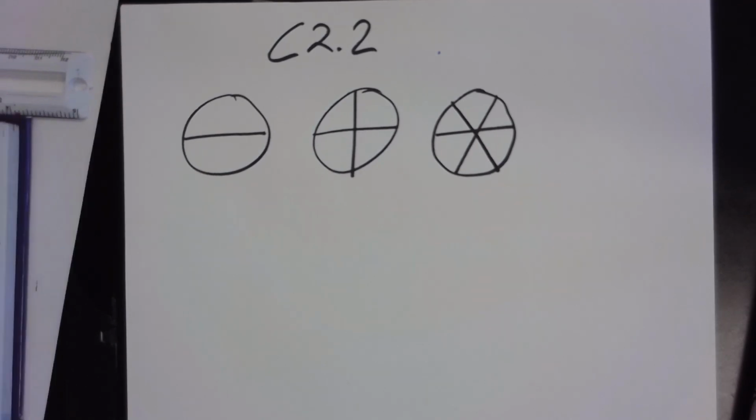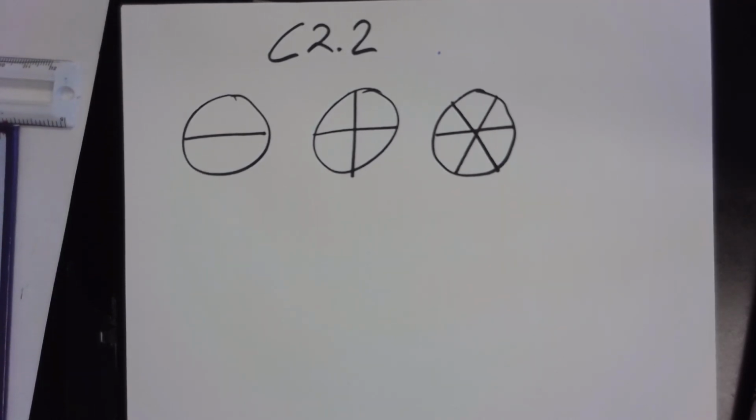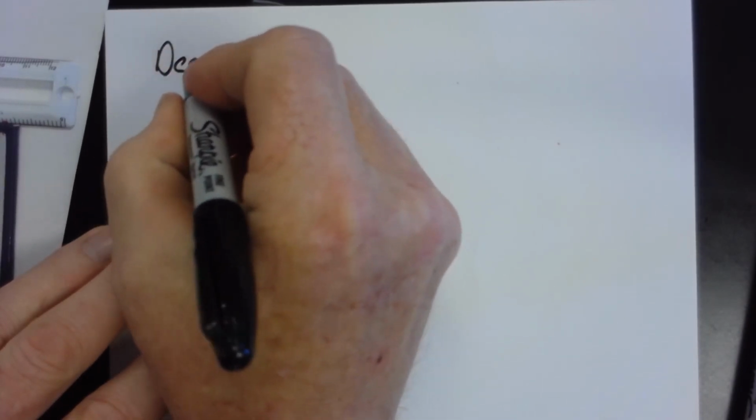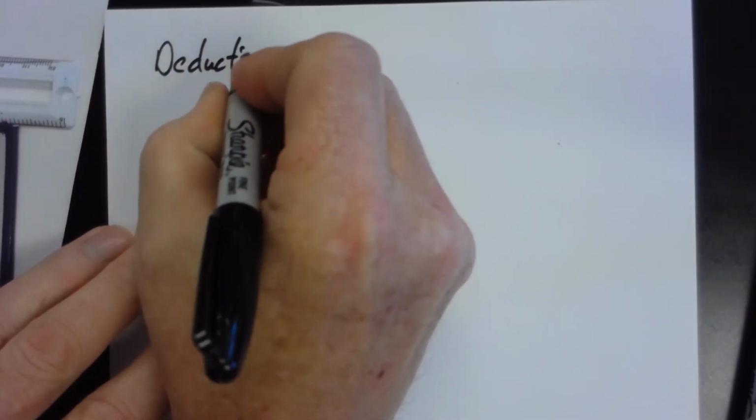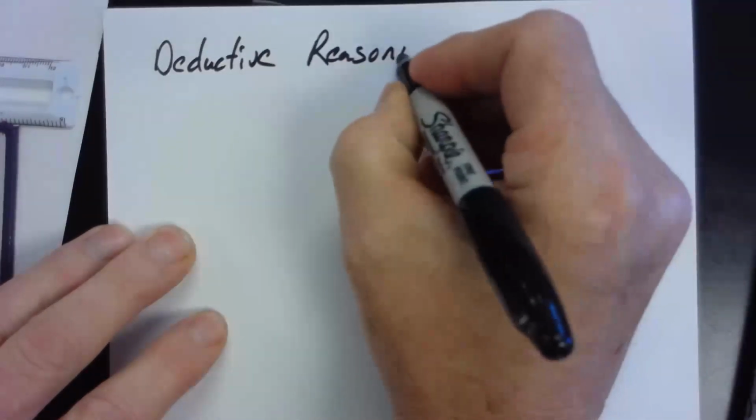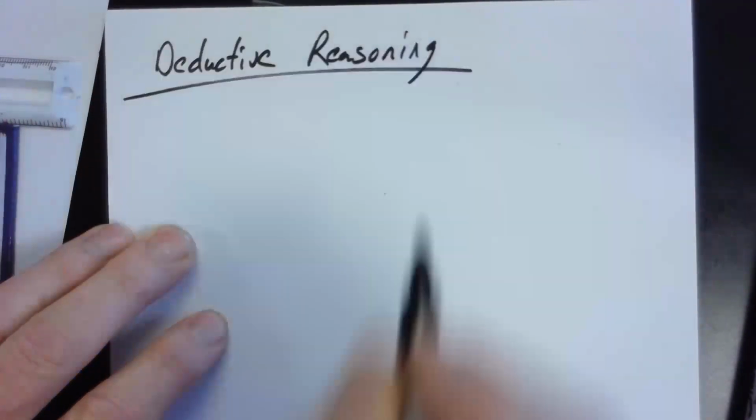Today, we're going to talk about deductive reasoning. So we're going to talk about the law of detachment and the law of syllogism. So the laws of deductive reasoning, that's today's lesson. So will you turn to page 78? Okay.